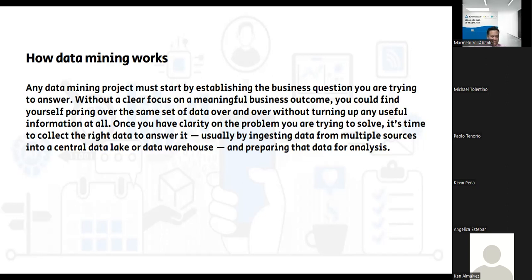Once you have clarity on the problem you are trying to solve, it's time to collect the right data to answer it, usually by ingesting data from multiple sources into a central data lake or data warehouse, and preparing that data for analysis. Success in the later phases is dependent on what occurs in the earlier phases. Poor data quality will lead to poor results, which is why data miners must ensure the quality of the data they use as input for analysis.